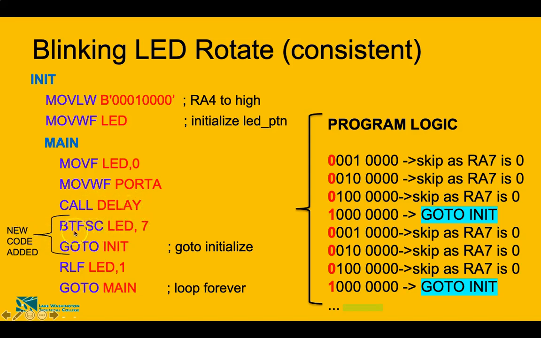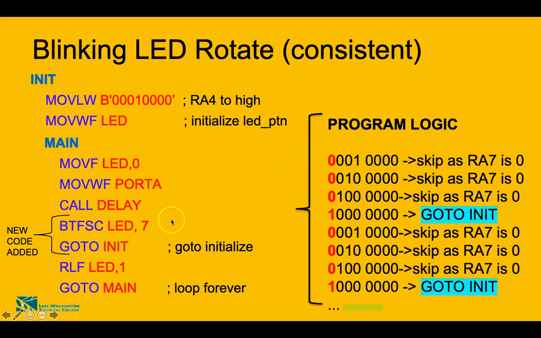Between that we have these two instructions, and after the delay is called, it will come to this instruction, which is BTFSC LED, comma 7. So what does it mean? It means that it is going to do the bit test, bit test F, skip if clear. So it is going to do the bit test at the 7th bit.